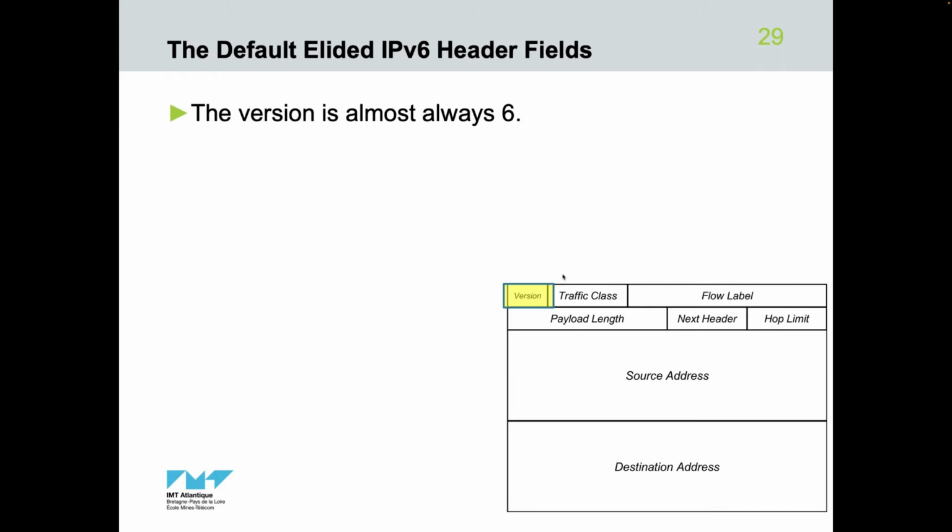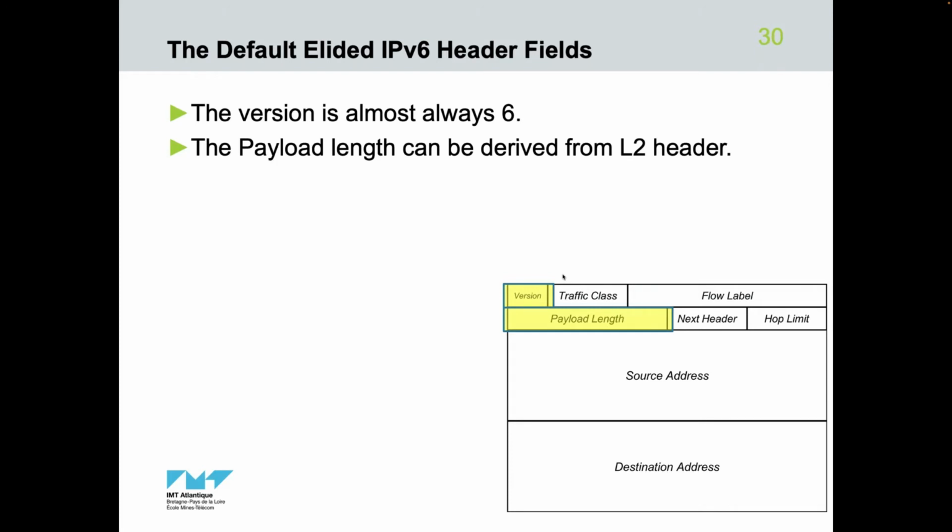The version field can be elided in all cases, since only IPv6 is employed. So we have only IP version 6 employed, and therefore we don't need to send this information, because the receiver expects that the packet it will receive comes with IP version 6.